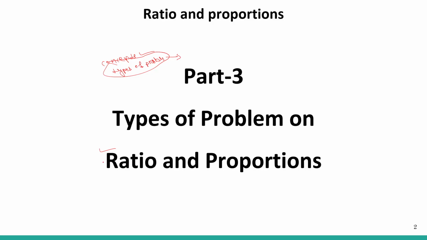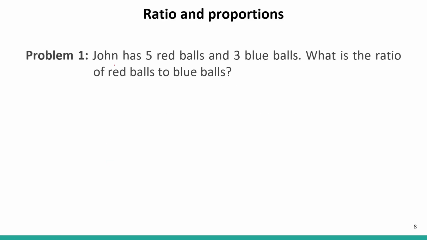So let's start. Problem number 1: John has 5 red balls and 3 blue balls. So John had balls of 5 red kind and 3 blue kind. What is the ratio of red balls to blue balls? Here first in the ratio is red ball and second is the blue ball.